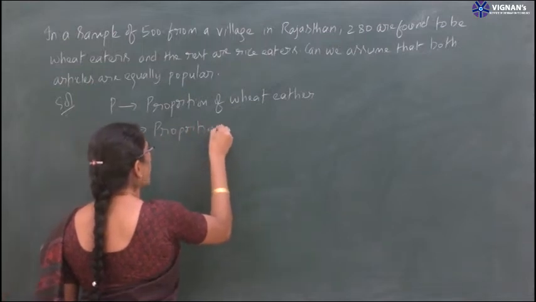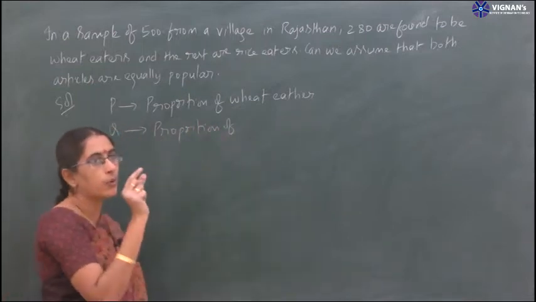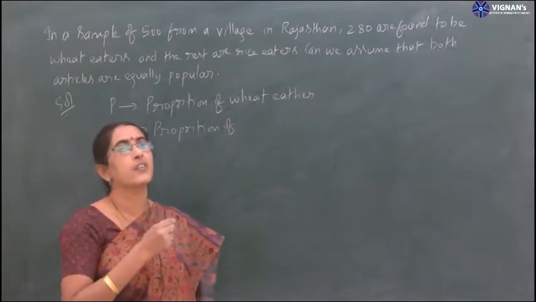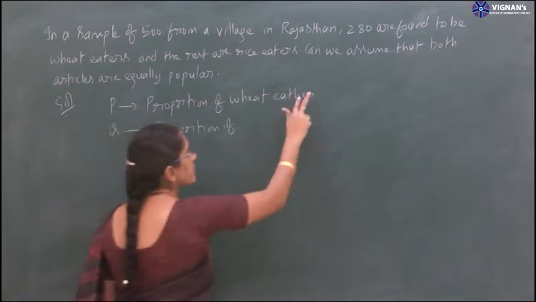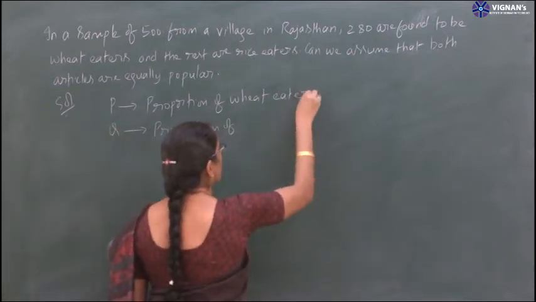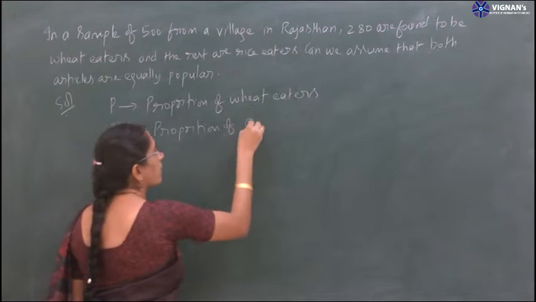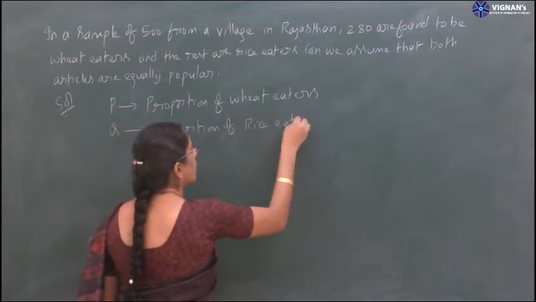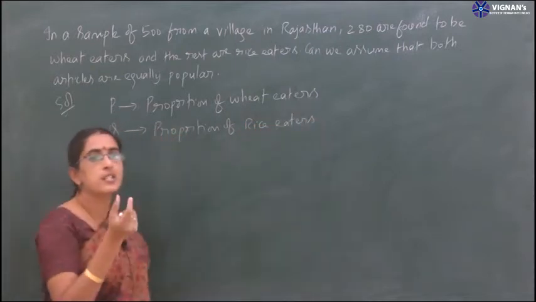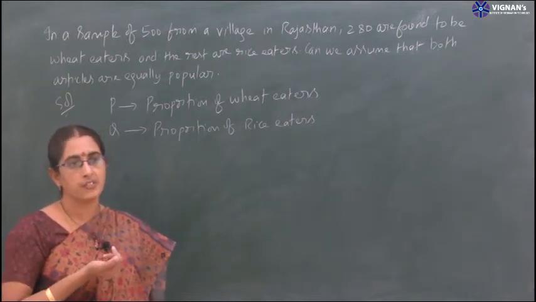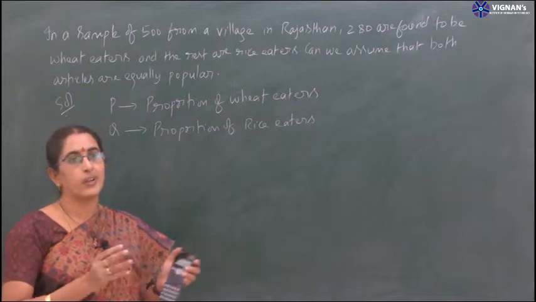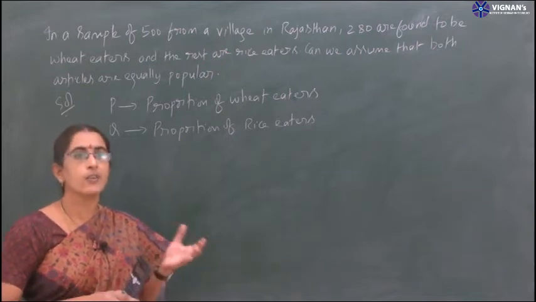So this question has two attributes here, one is the wheat eaters and the other one is the rice eaters. We have already discussed that in an experiment, if P stands for the success, then obviously Q stands for the failure, and P plus Q should be equal to 1.